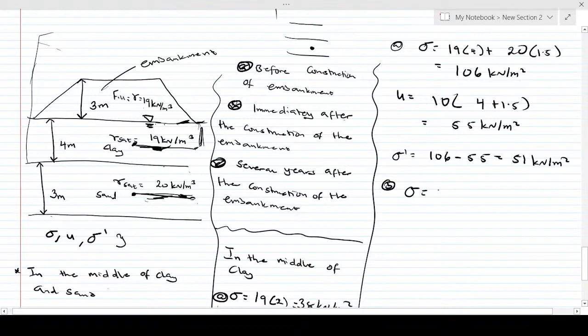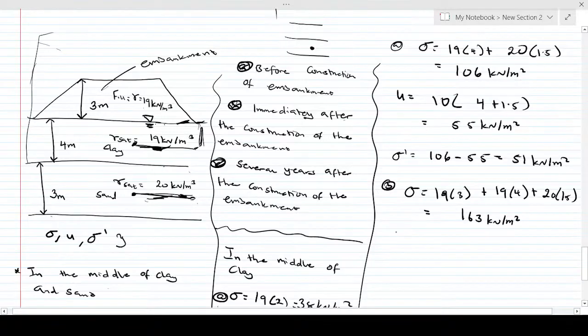So 19 by 3 plus that of the clay, which is 19 by 4, plus the sand above the point of interest, so 20 by 1.5. This is simply going to be 163 kilonewton per meter square.